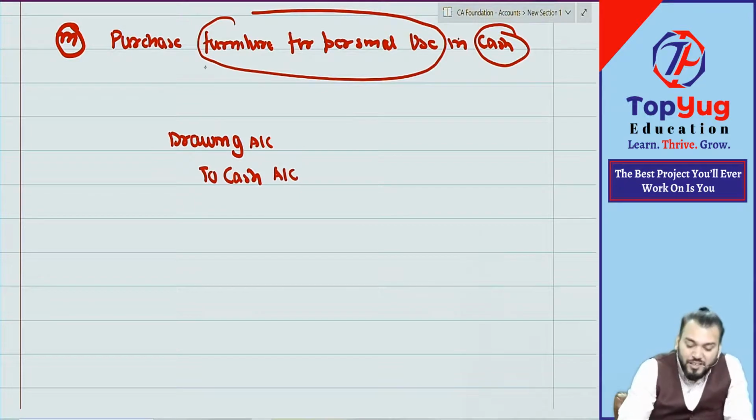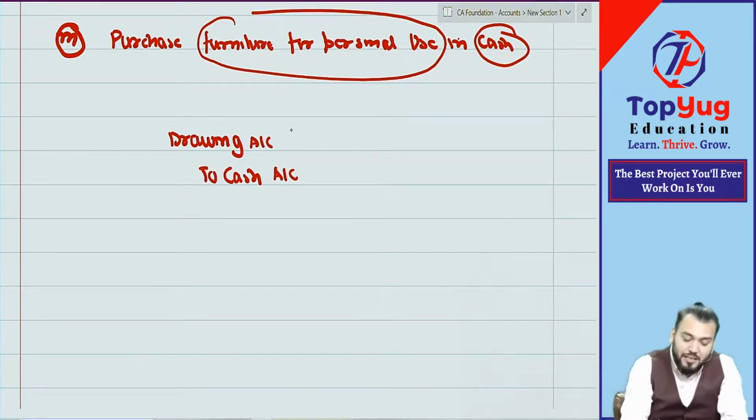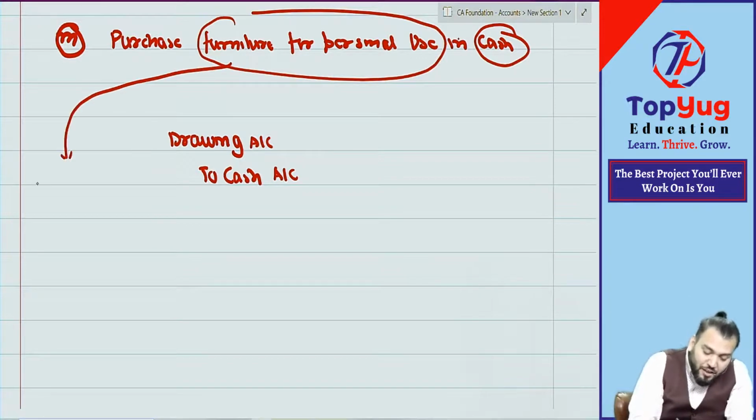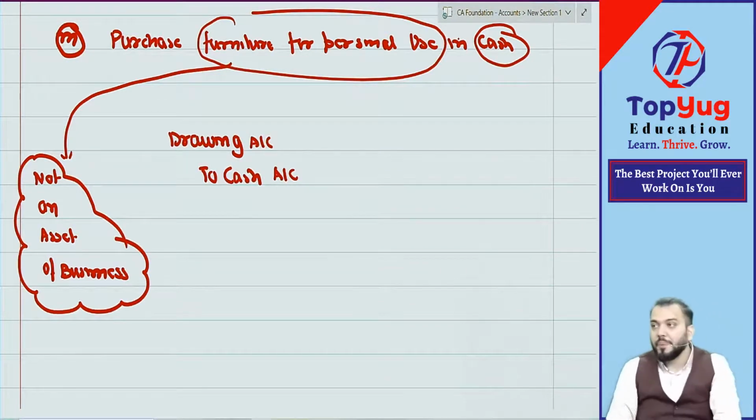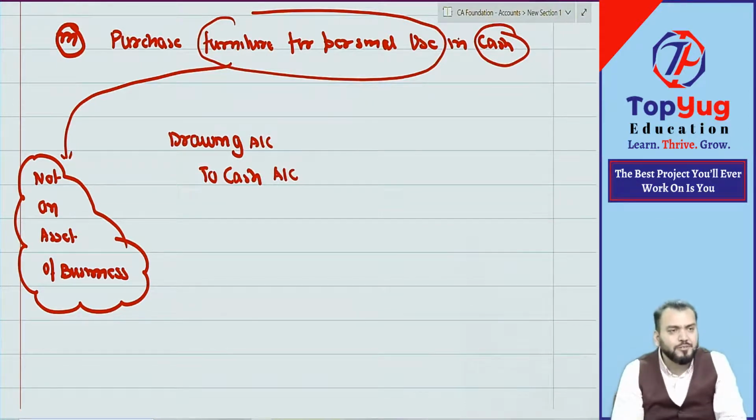Understood why? Because this is furniture for which purpose? Personal purpose. So write down: this is not an asset of business. Therefore, there is no need to open the business furniture account.